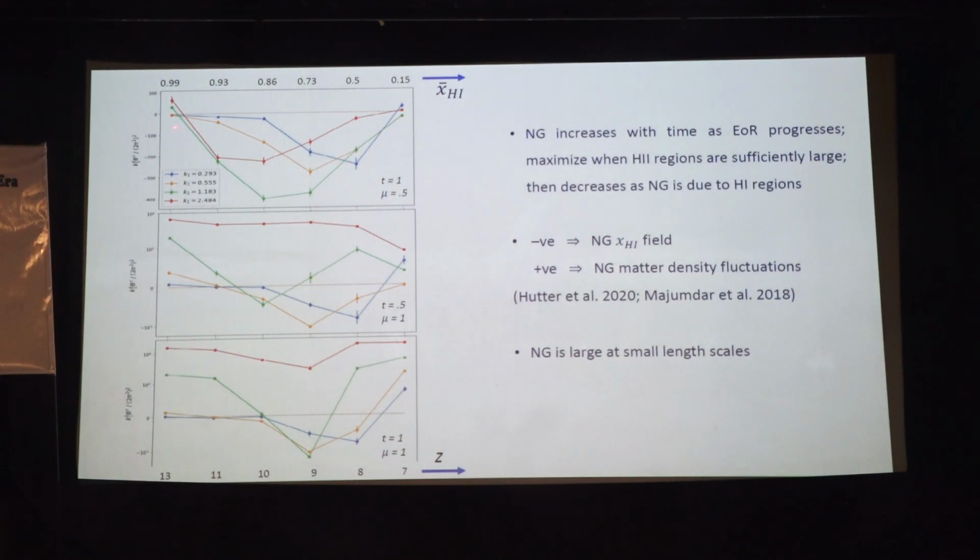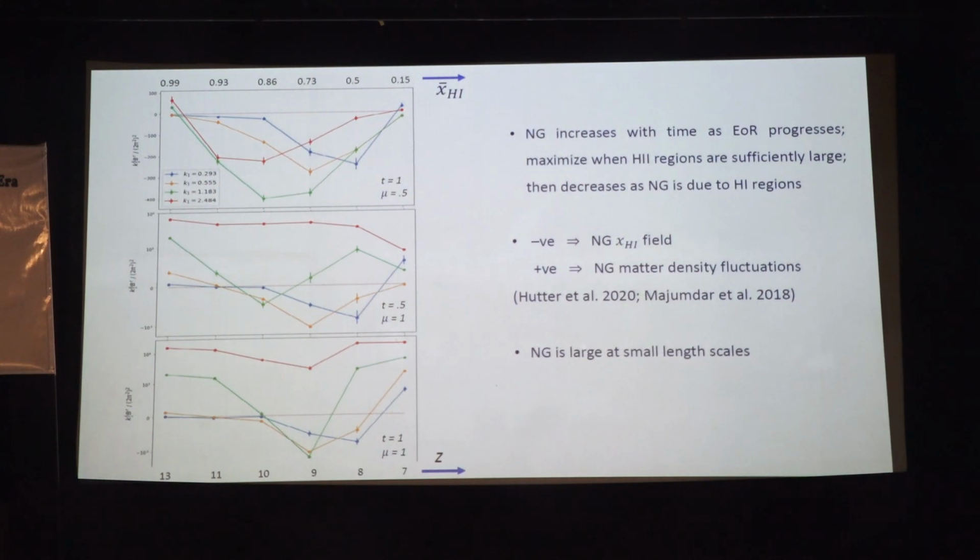This change in sign is very important, as Dr. Suman Majumdar has said. The negative sign of the bispectrum corresponds to non-Gaussianity driven by the H1 field, and if the bispectrum is positive, then non-Gaussianity is driven by the underlying matter fluctuation.